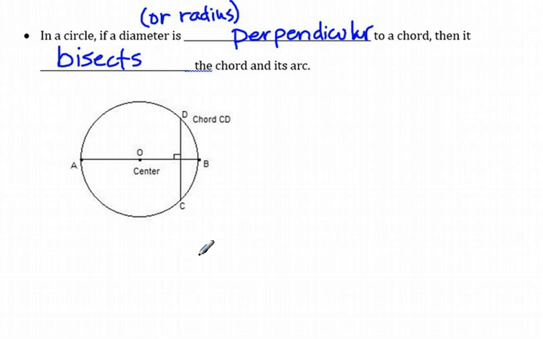Because you have a right angle right here, that cuts the chord in half, but it also cuts arc DC in half, meaning arc DB would be congruent to arc BC. So those would be the same as well.